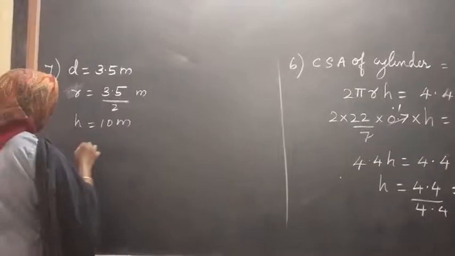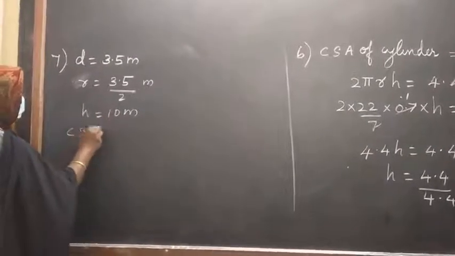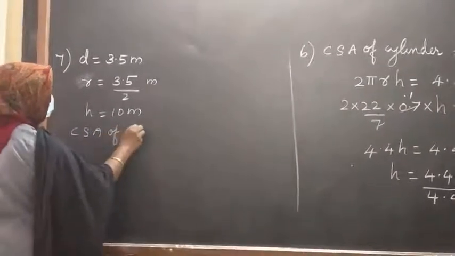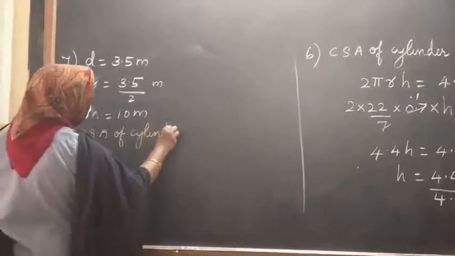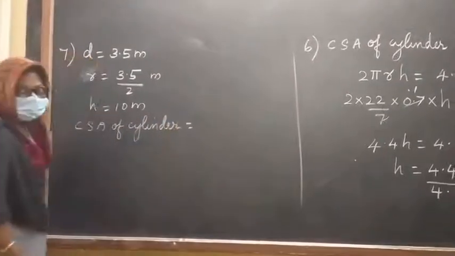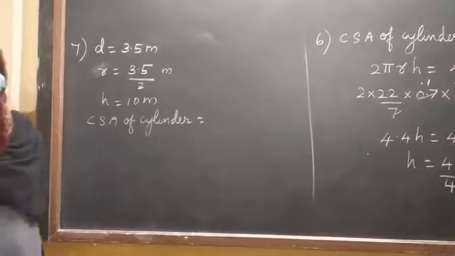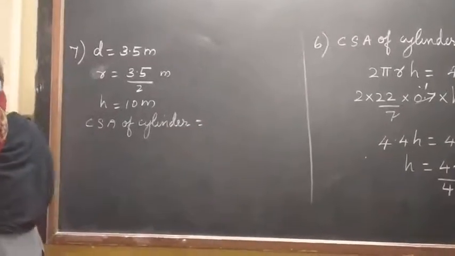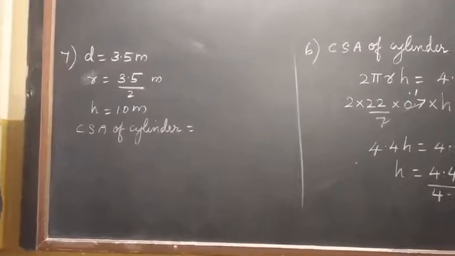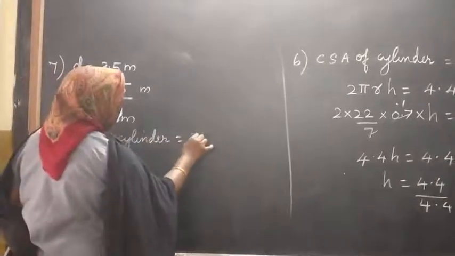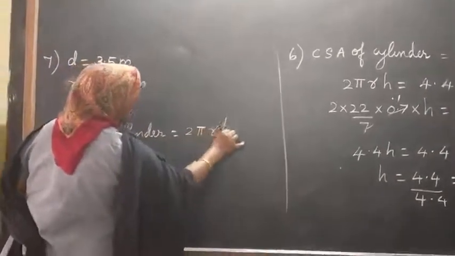So the curved surface area of a cylinder. The well, the shape is that of a cylinder. So the curved surface area of the cylinder you are asked to find out is equal to 2 pi RH.